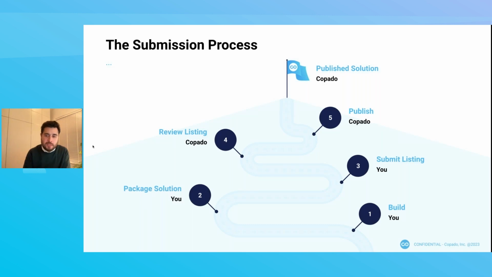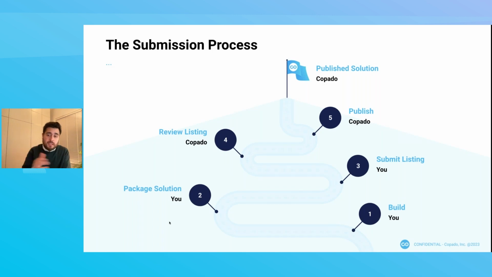So there is a process in place, but especially for the folks familiar with the App Exchange process, it's not as exhaustive. We want to get your solution in a very short time to market. So please expect a little bit of a review, but it's not going to take too long, right? We're going to do our best to put resources from our team to get that solution into the wild and to make sure that we can make that solution available for other teams which are maybe facing a very similar problem.